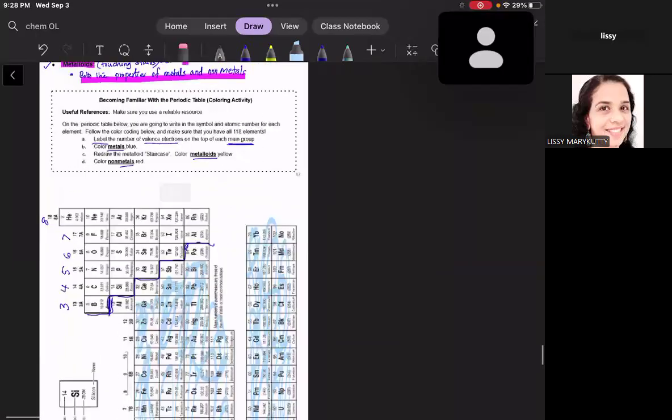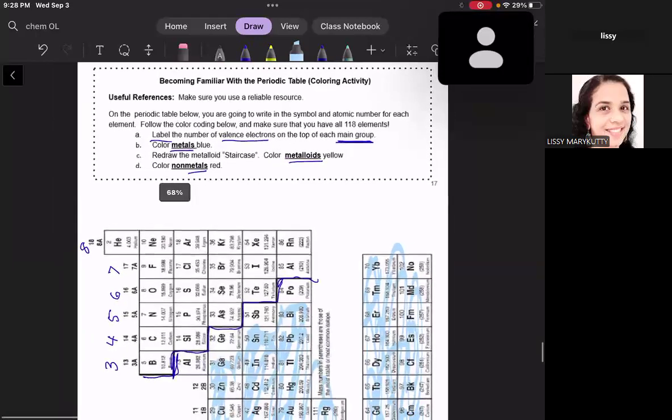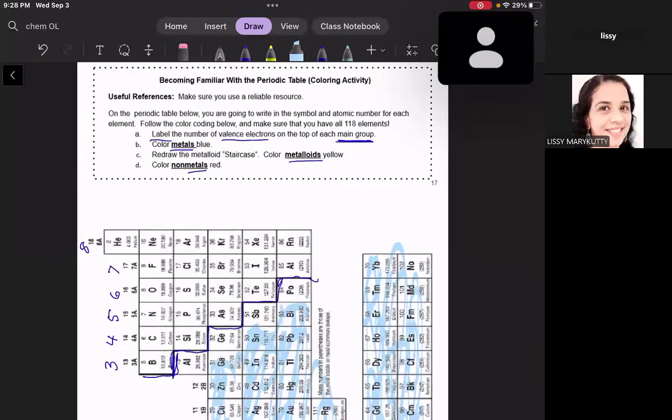Now we are going to color metalloids in yellow. So the first metalloid is boron. It is sitting on that stair. Next one is silicon. It is also sitting on that stair. Then arsenic.